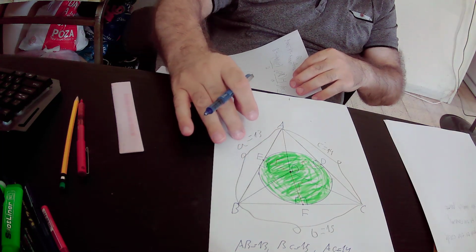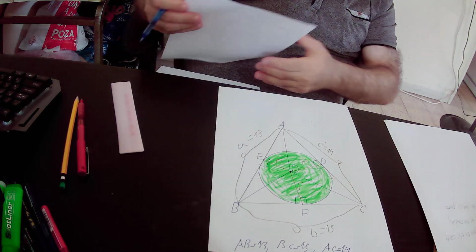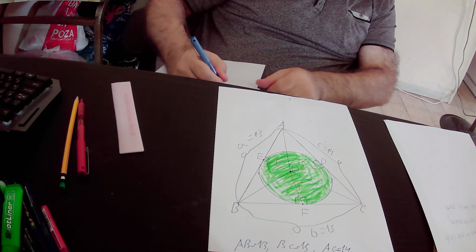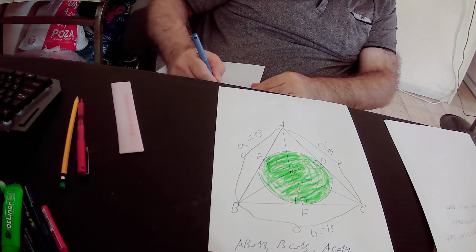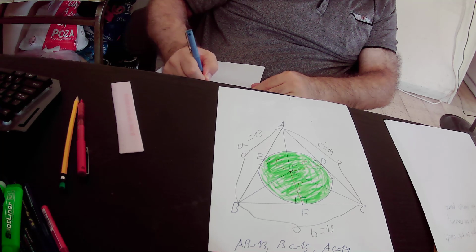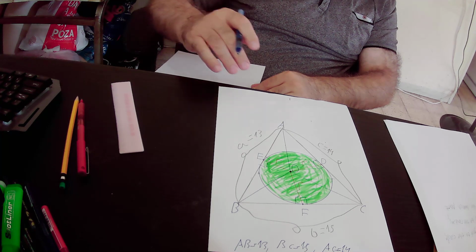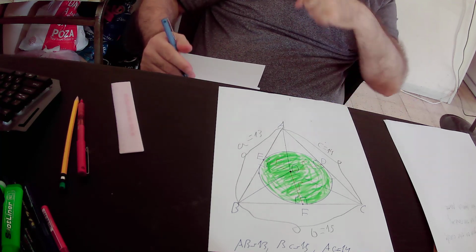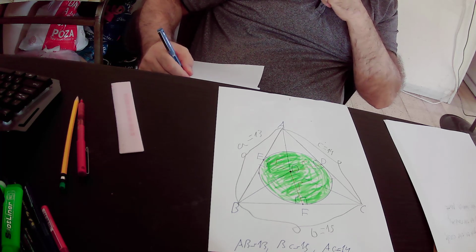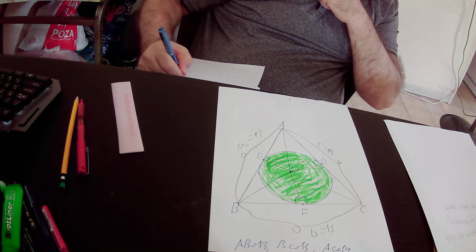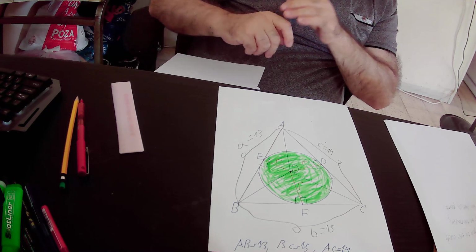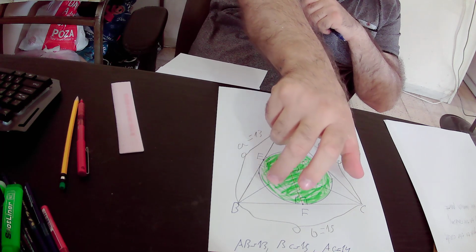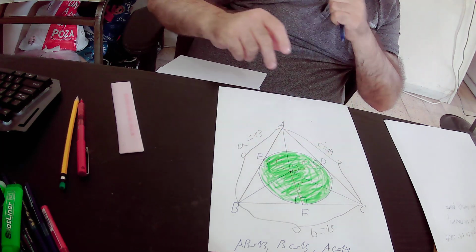AB equals C. And what is the value of AC? AC equals B. And what is the value of BC? BC equals A.